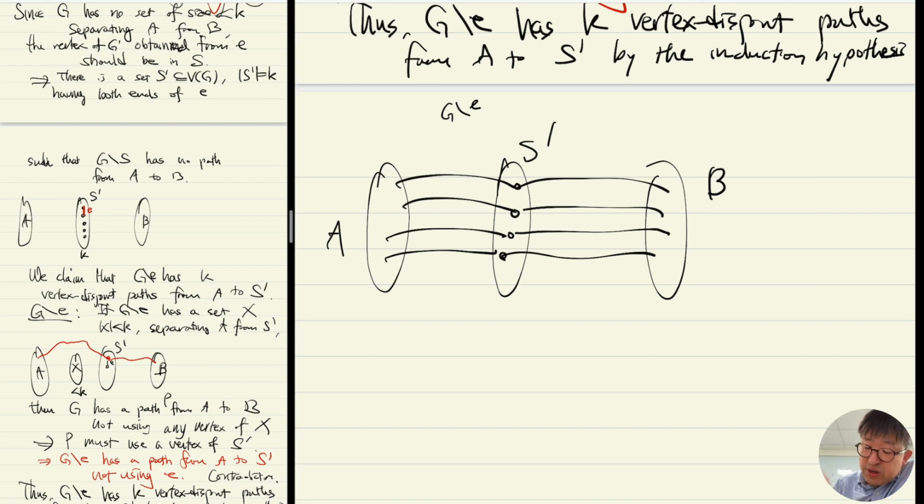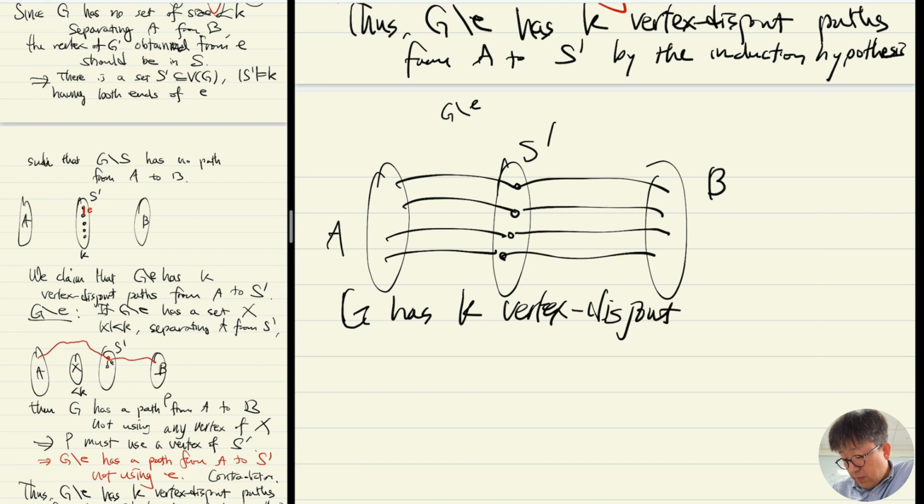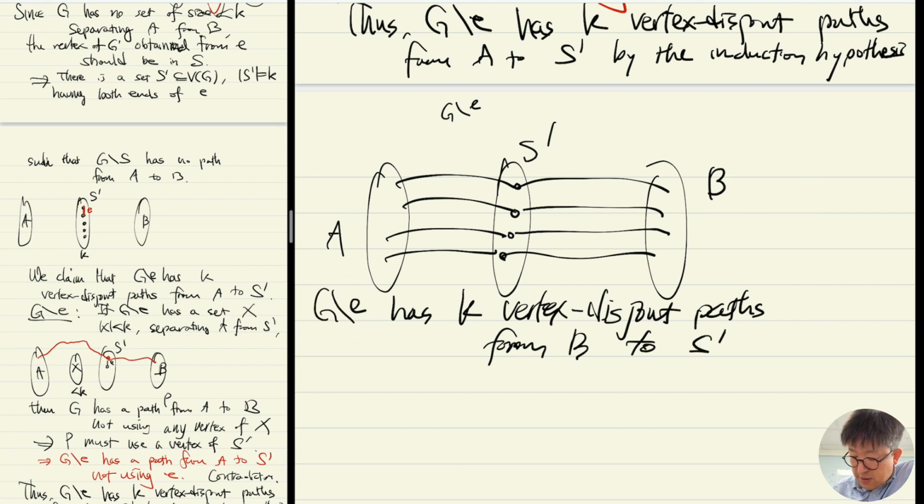And then we glue them together. We get K vertex disjoint paths from B to S prime in G delete E by the same argument.